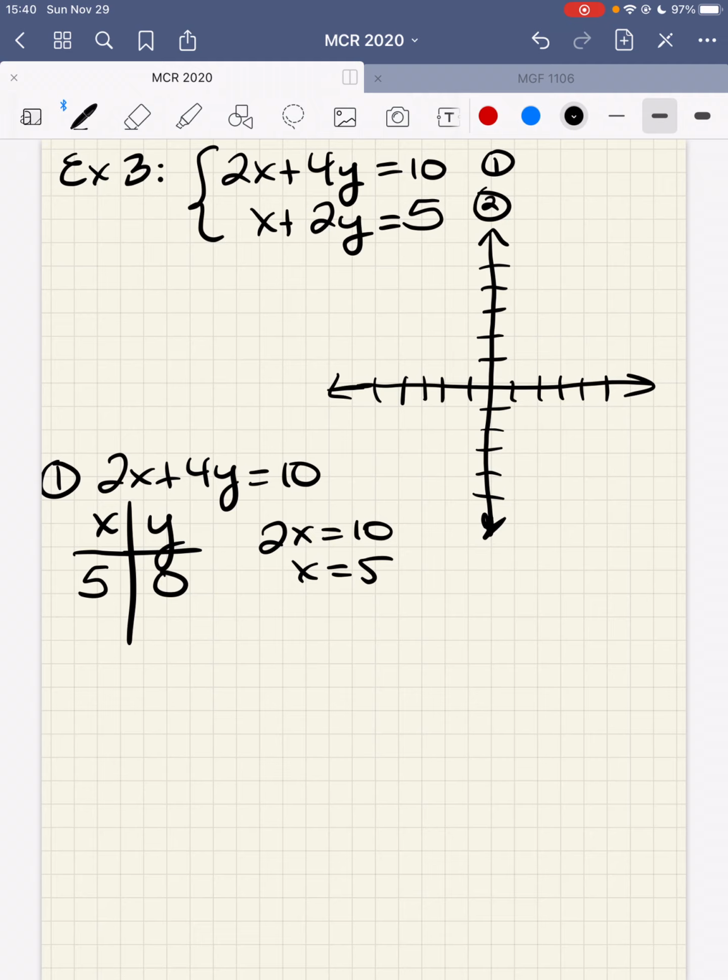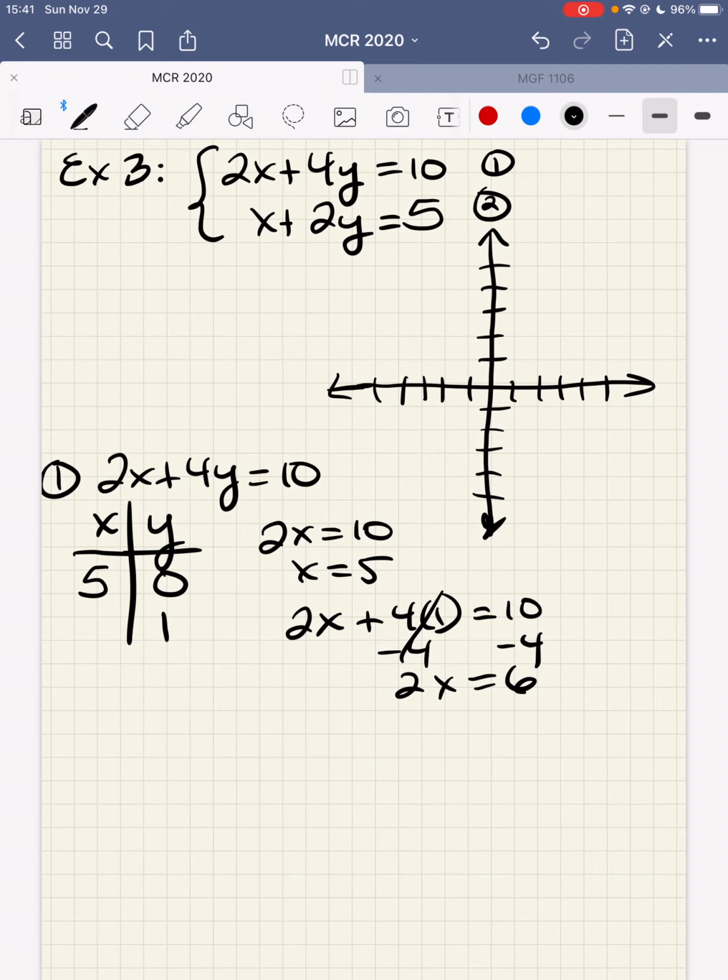From here, we got to do a little bit of playing around. So I'm going to make y 1. You're saying, why am I working with 1? Because we want it to stay even. If we multiply that out, I have 2x plus 4 times 1, which is just 4, is equal to 10. If I subtract 4 from each side, I'm left with 2x is equal to 6.